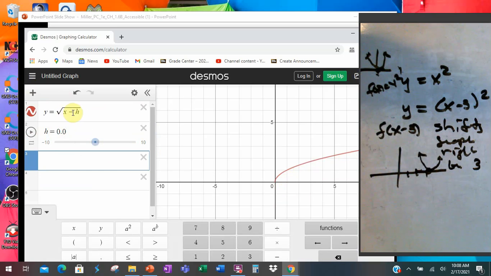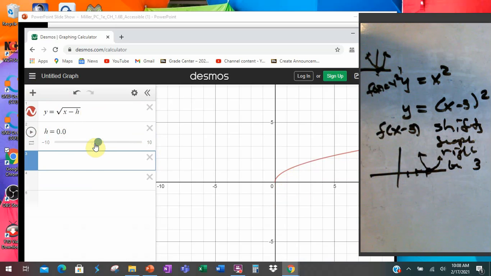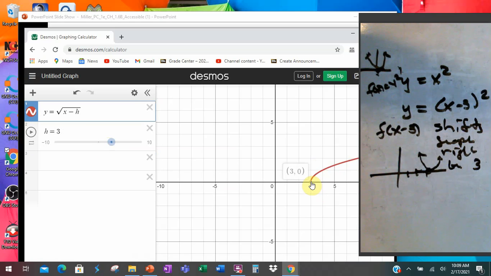Now, if I go to the right, so this is moving at 3, 1, 2, there's the 1, 2, there's 3. So right there is the 3, 0. So h is 3, 3 minus 3 is 0 is where we start, because this has always got to start at the positive value.